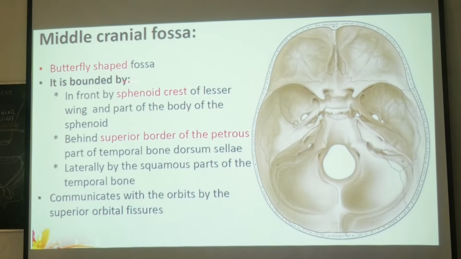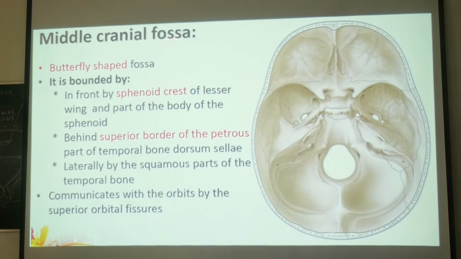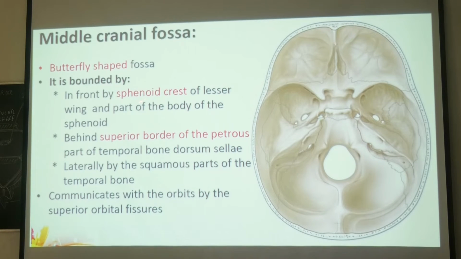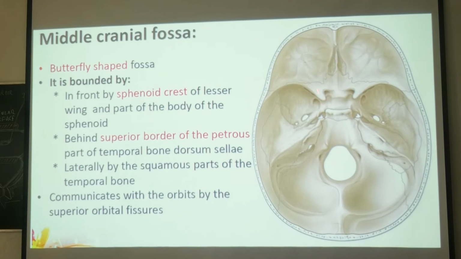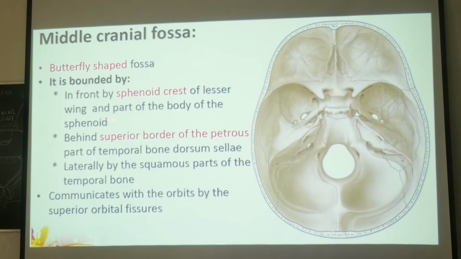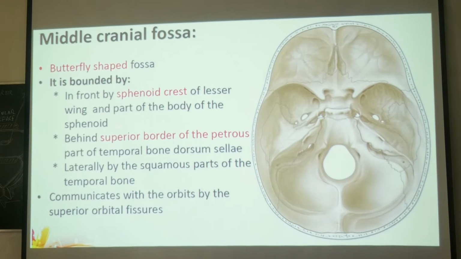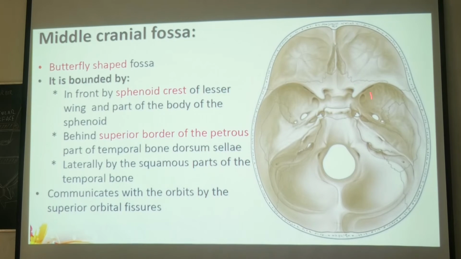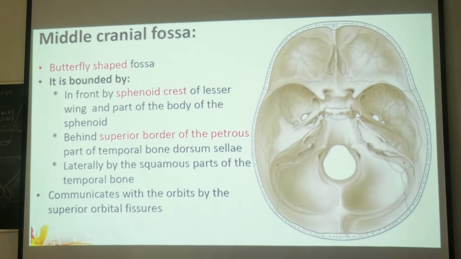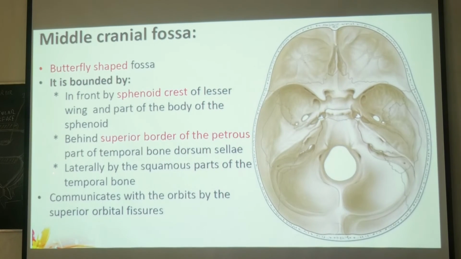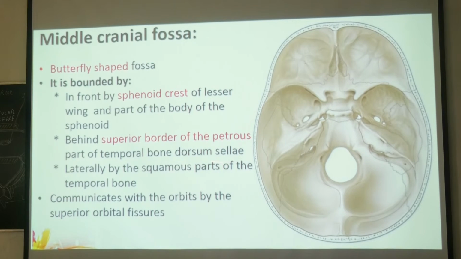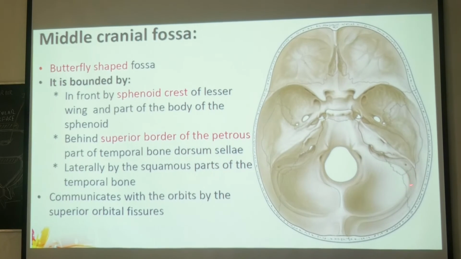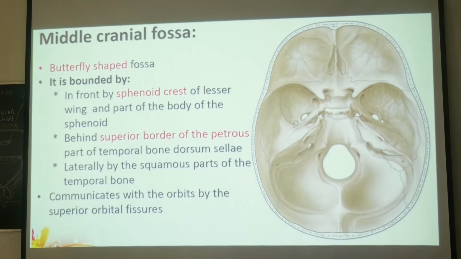The butterfly-shaped middle cranial fossa is bounded in front by the sphenoidal crest of the lesser wing, known here as the sphenoidal crest of the lesser wing, and part of the body of the sphenoid. Behind, it is bounded by the superior border of the petrous part of the temporal bone and the dorsum sellae.